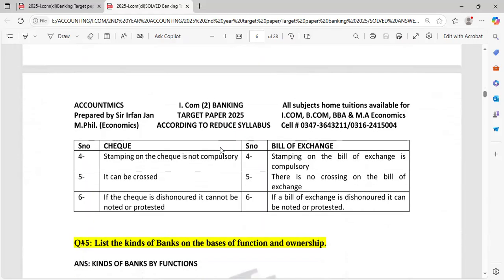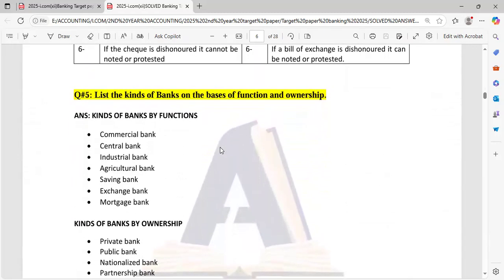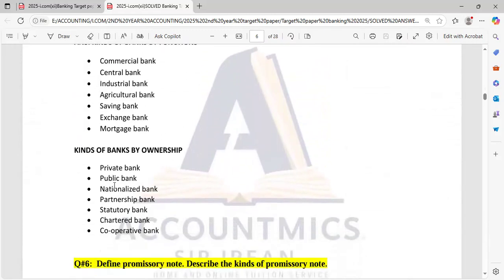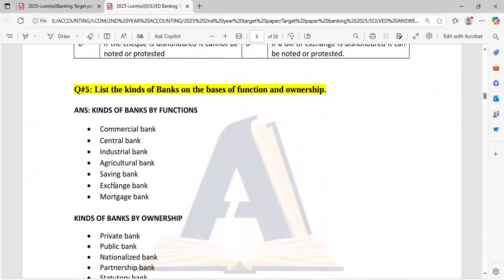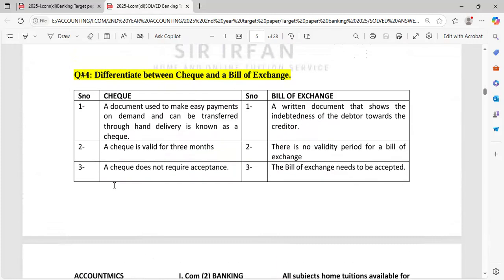Then the last question which I will show you: the kinds of bank by functions and ownership. I wrote the kinds of bank by functions: commercial bank, central bank, industrial bank, agricultural bank, saving bank, and exchange bank. Mortgage bank is also included in the kinds by functions. Then the ownerships. So these are the questions which I showed you.